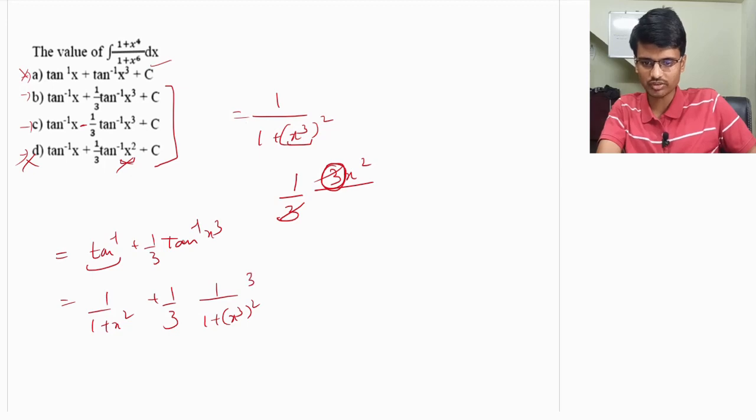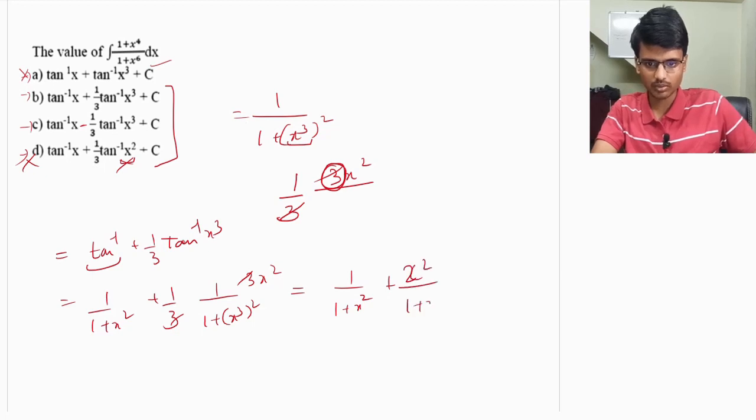Differentiation of x cube is 3x square. The 3 gets cancelled. I'm left with 1 by 1 plus x square plus x square by 1 plus x power 6. On simplifying this, you will get this. Whatever is given in the question, you can try it. So the correct answer is option B.